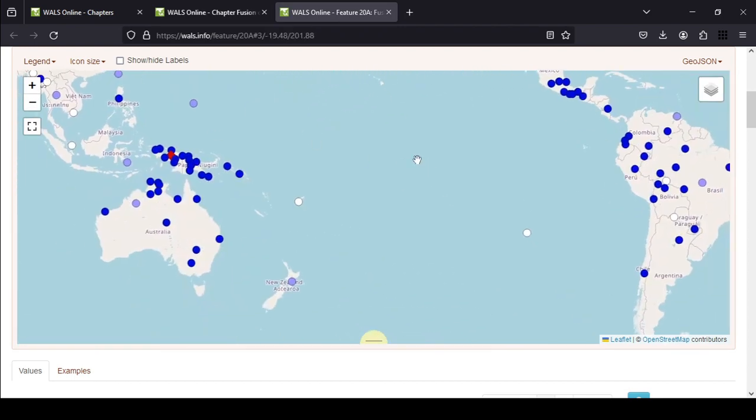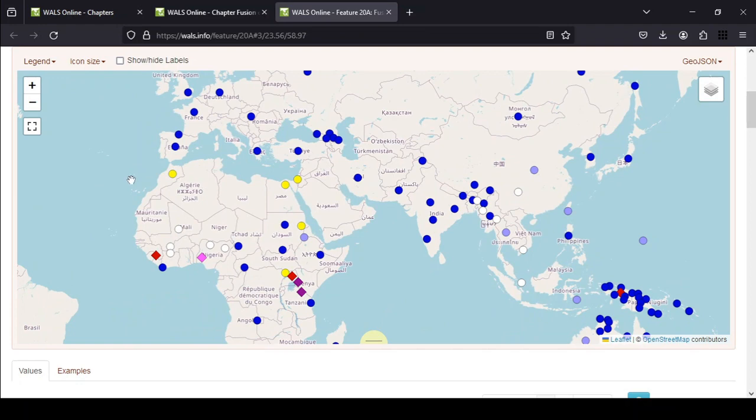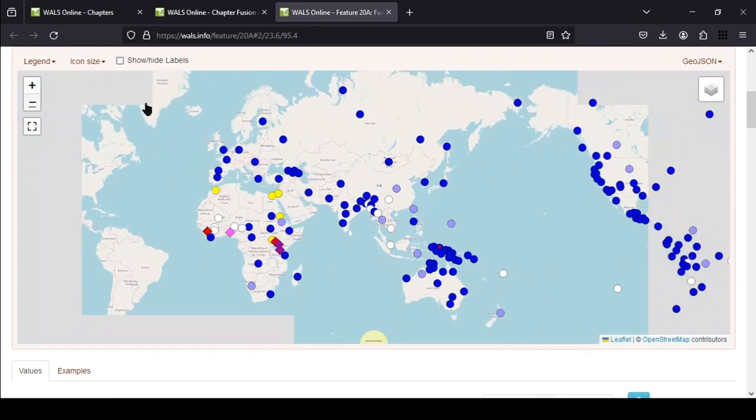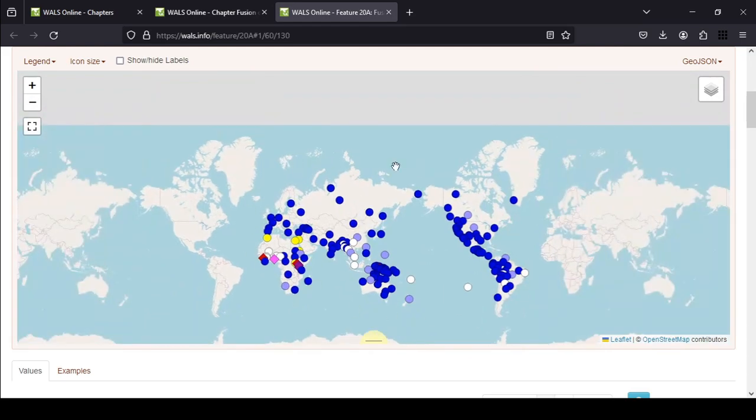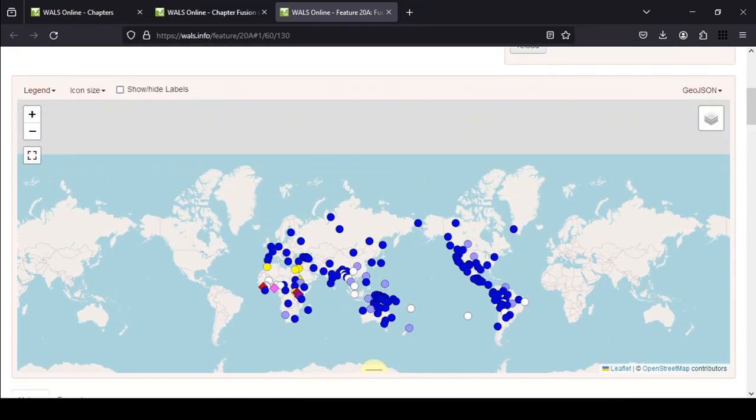I believe that this ocean is Pacific. I don't know ocean names. We have some funky stuff in like North Africa with tone and ablauts and stuff, but overall, the main takeaway is most languages express case and TAM information through concatenation.